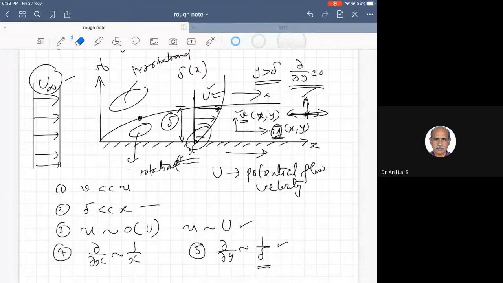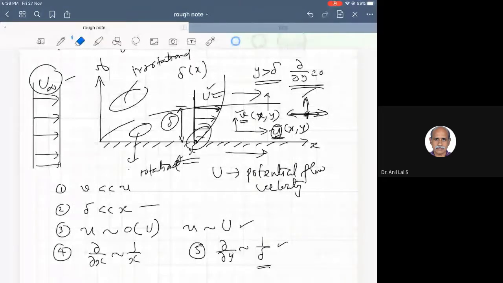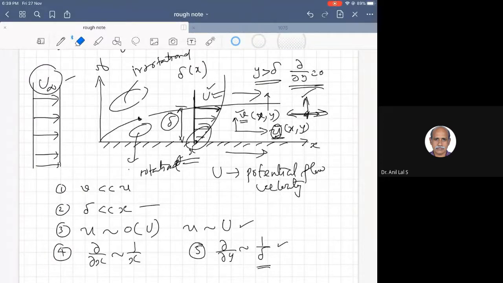So on the edge of the boundary layer we can assume Bernoulli's theorem holds good. Let p be the pressure at this particular point. So you can apply Bernoulli's theorem for this point.